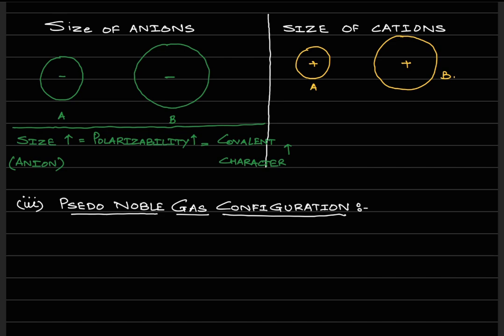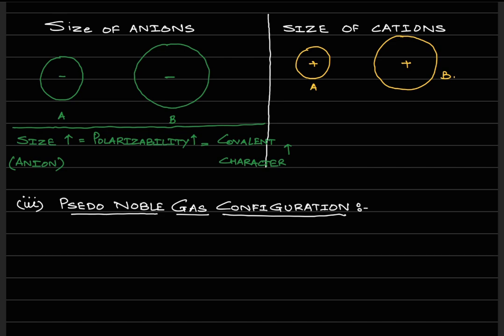Now, understand, for cations we need to focus on something called polarization. The smaller the cation, the closer it can go to the anion, right? If the cation is very small and the anion is big, the cation could easily polarize the anion.